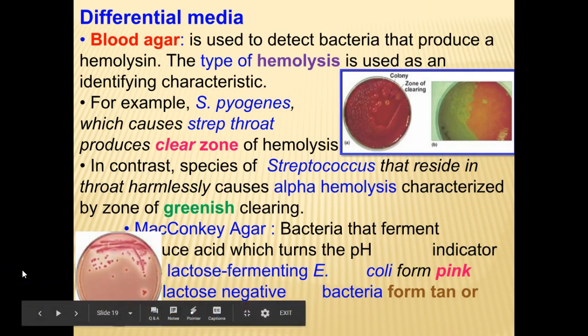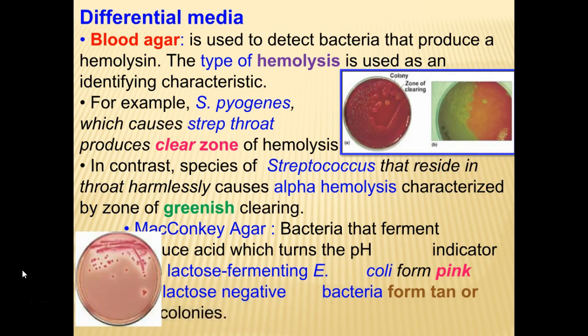But MacConkey agar is for bacteria that ferment and produce an acid, which turns the pH indicator a different color. The example here in the picture on the lower left-hand corner, sorry, that's covering up half of my words, is E. coli, which forms pink colonies because it's lactose fermenting, so it's producing the acid.